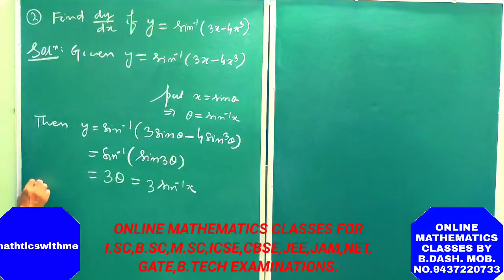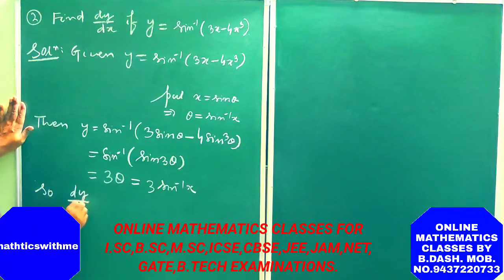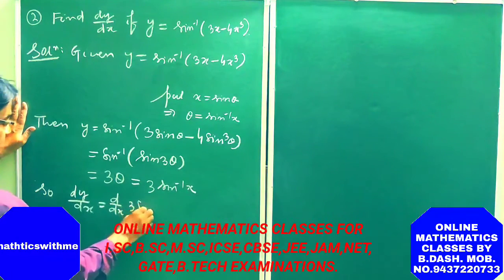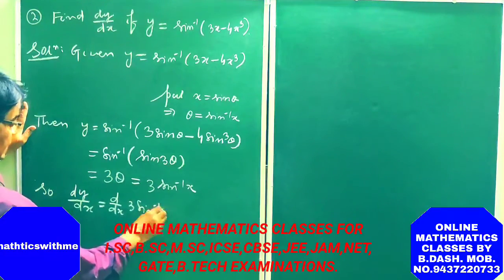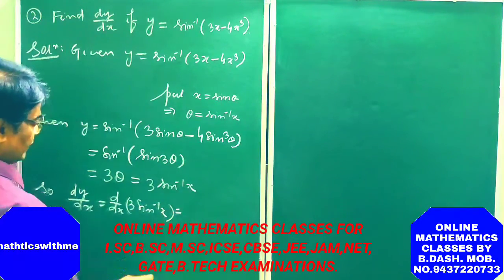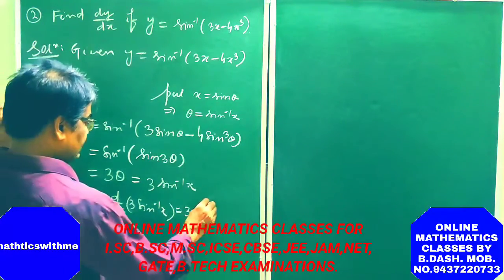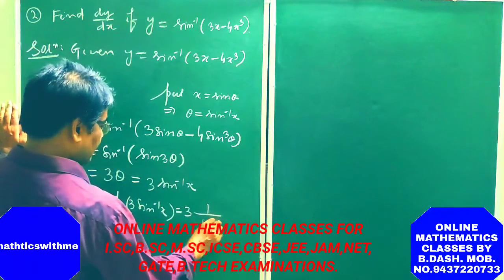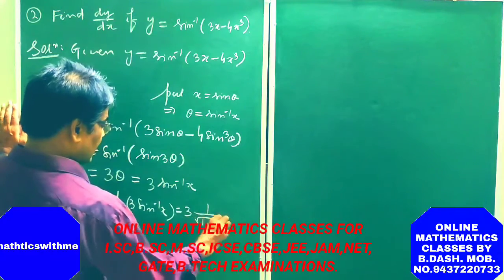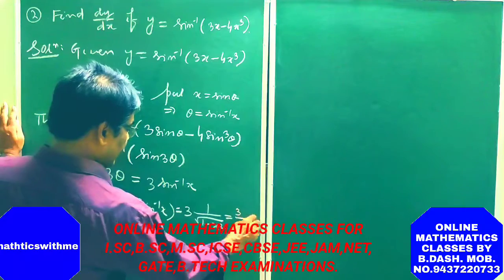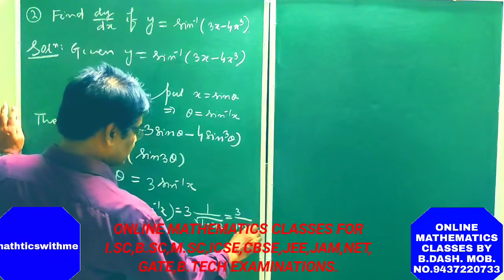Then we will get dy by dx, so d by dx of 3 sine inverse x. So this is equal to 3, derivative of sine inverse x is 1 by root over 1 minus x square, which is equals to 3 by root over 1 minus x square.